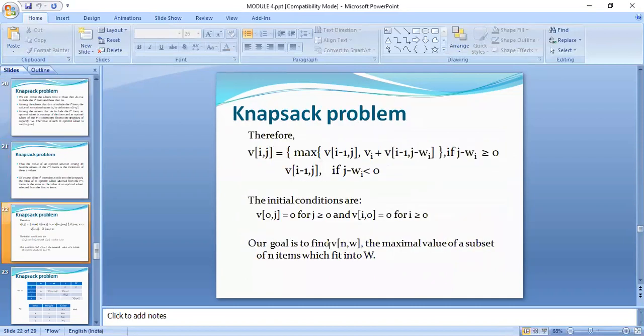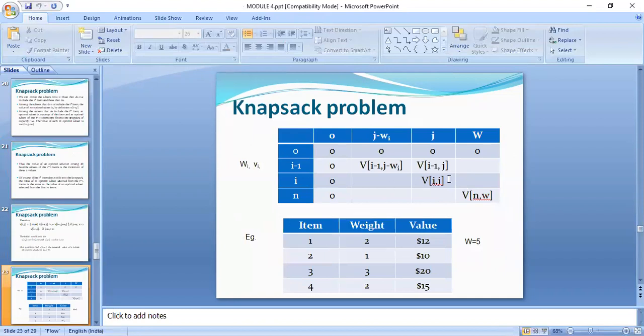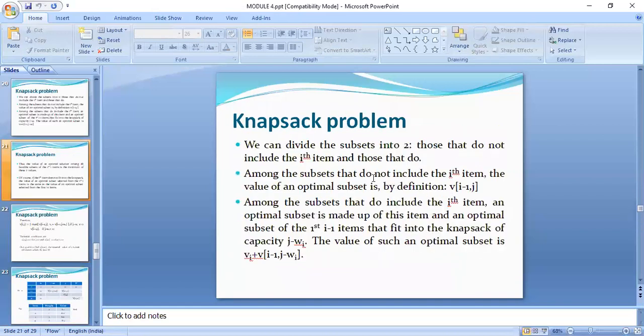When the item is inserted into the knapsack, we find the remaining capacity. Since we are aiming for maximum profit, we will be given two values, and among these we need to find the maximum of the two, and you will find the solution. So these are the two subsets used for the knapsack problem.